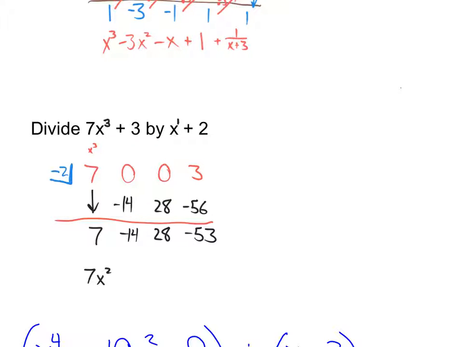So 7x squared minus 14x plus 28 minus 53 over x plus 2. Very good. Notice here, because it was just a number, 53, it doesn't matter if you put plus the negative or if you just put the minus out in front.